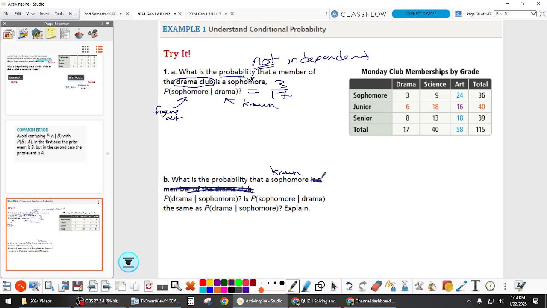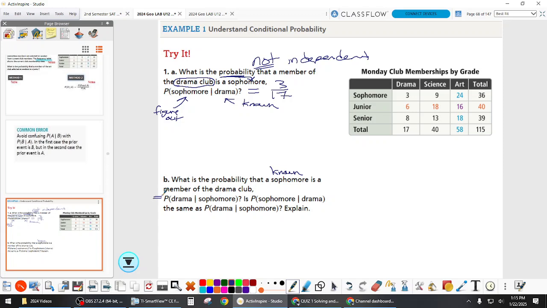What is the probability that a sophomore? What are we asking, right? You can't pull off the part you're trying to find, but you can pull off the known part. What is the probability that student is a member of the drama club? It does finish. It makes this thought complete. Notice our notation is backwards now. Not backwards, it's just the other order.